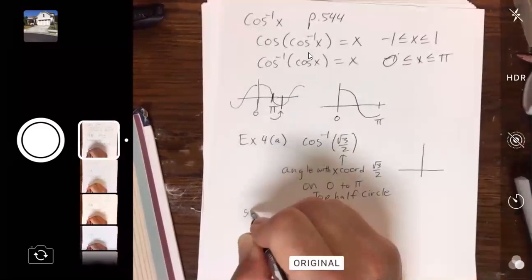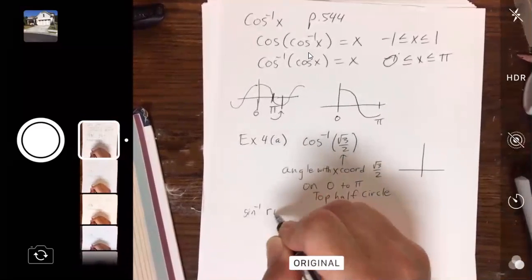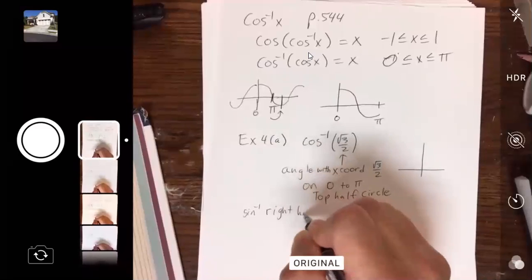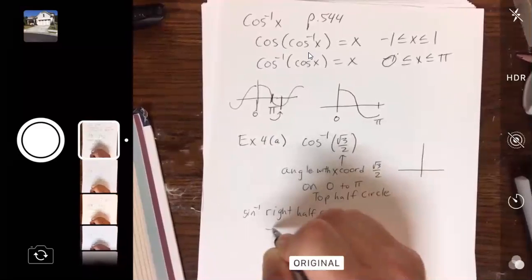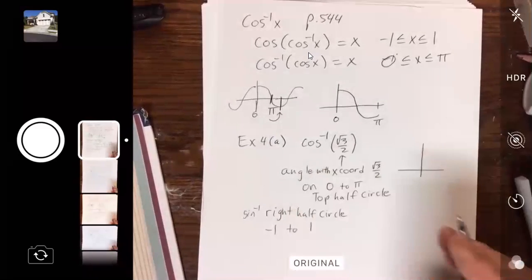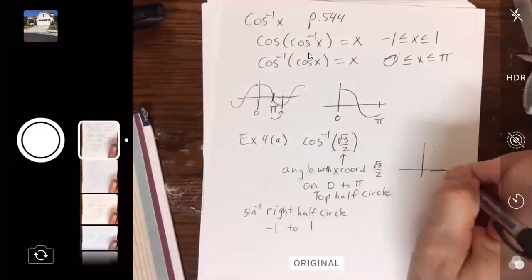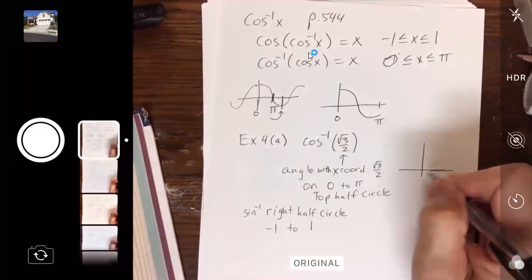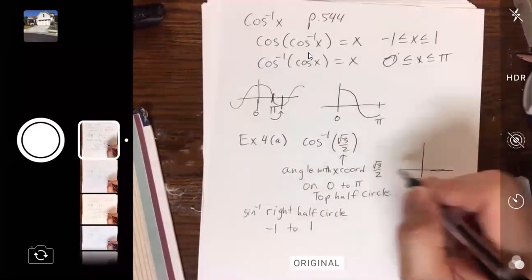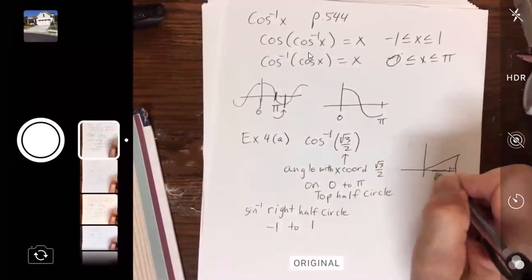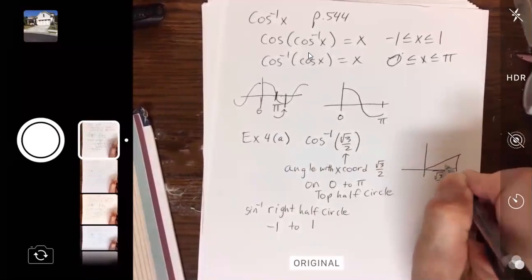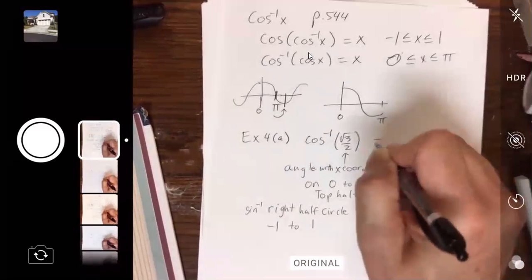Arc sine is the right half circle, which is -1 to 1. All right, so where was the x coordinate √3/2? That was at pi/6. This is equal to pi/6.